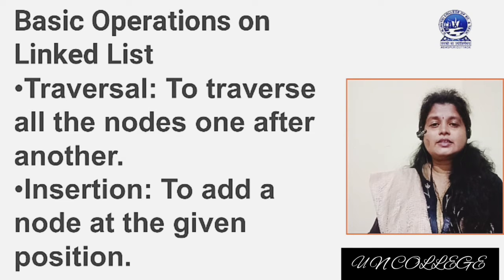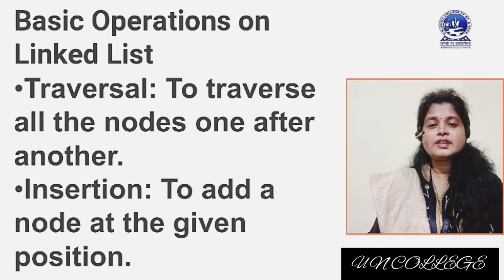Now we will discuss some basic operations on a linked list. The first one is traversal. What is the meaning of traversal? To traverse all nodes one after another. In traversal, you will move from the first location, which is represented as head or root, one by one, and you will reach the last location, which contains a null value at its next pointer. The second one is insertion.